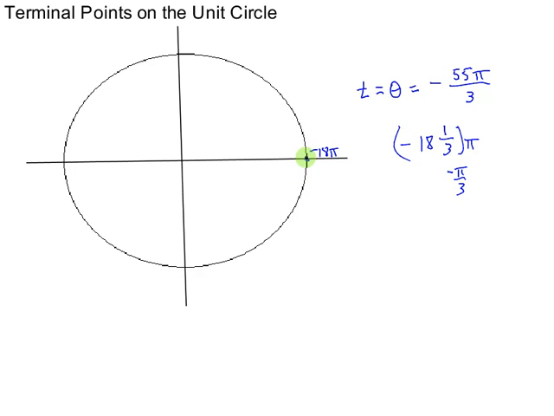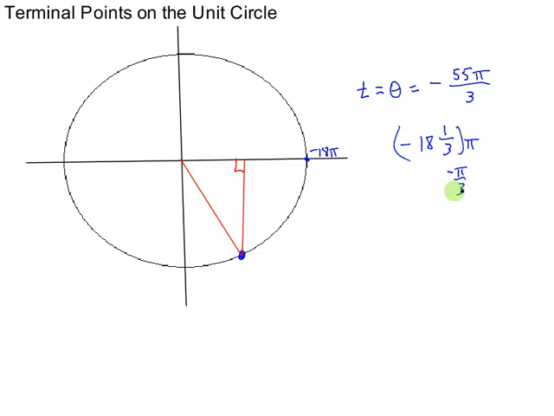So pi over 3 is closer to the y-axis, so that's this point here. Okay? So now we do the same thing as we did before. Once we know our point, we need to get the ordered pair by drawing a reference right triangle, like this.